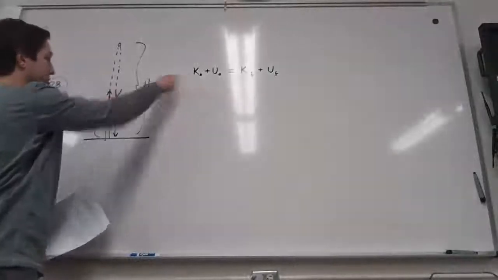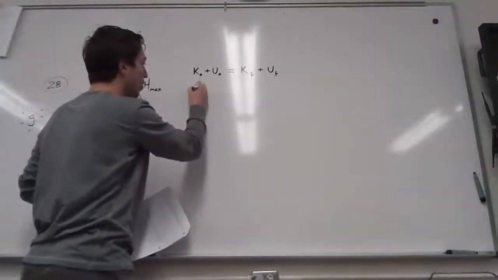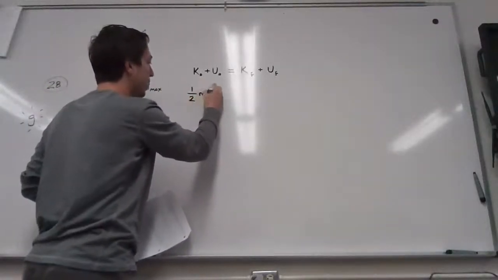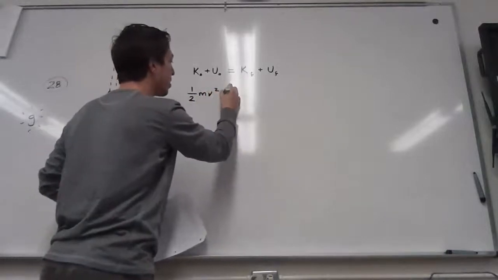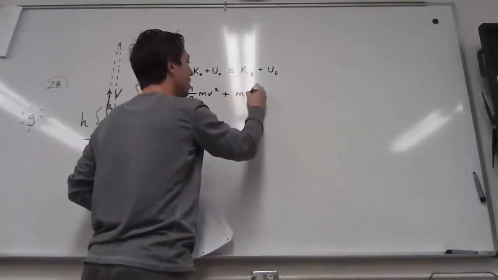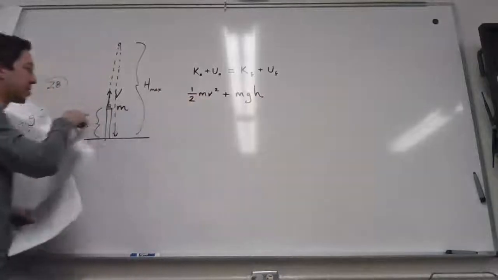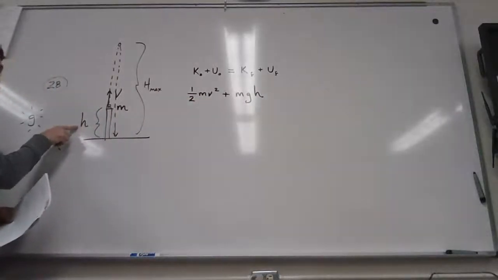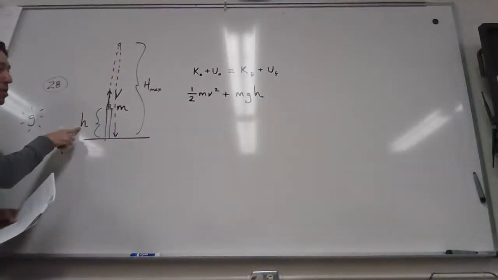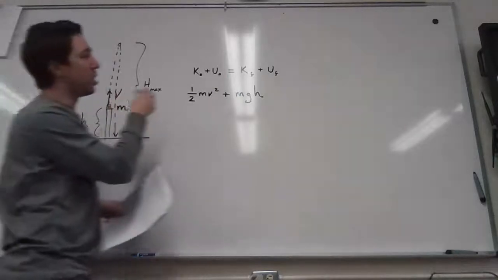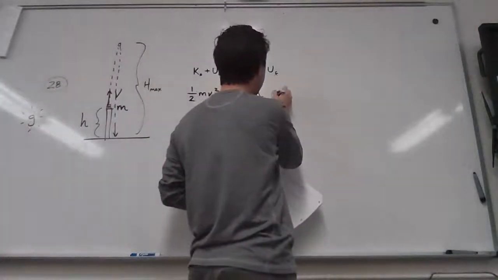So initially, I've got 1/2 mv squared plus mgh. We're really careful to use the right h. It's that h. Equals.